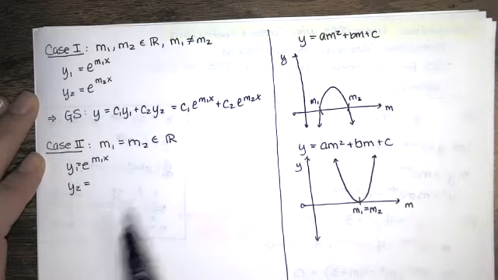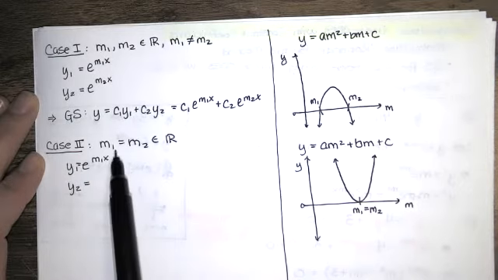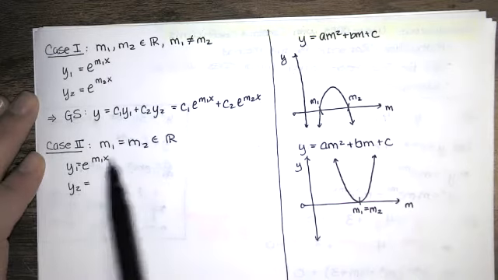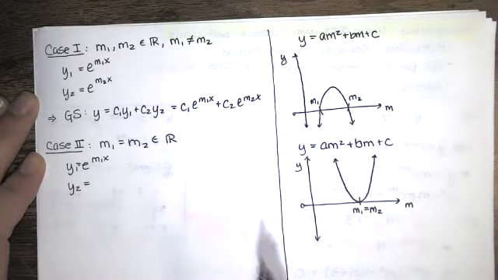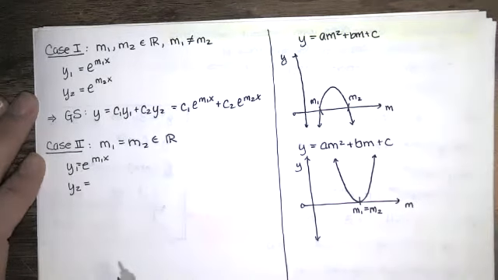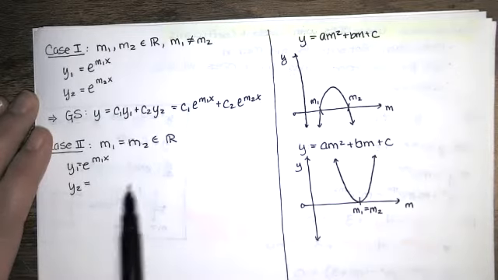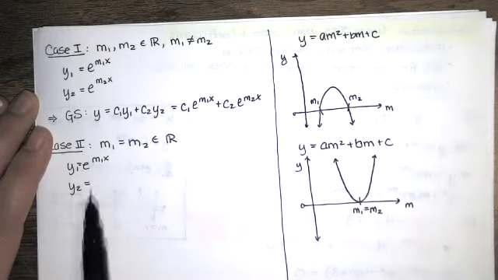They'll be linearly dependent. So let's say that m sub 1 and m sub 2 are both 4. Then the first solution would be e to the 4x. I can't say that the second solution is e to the 4x, because they're the same function. e to the 4x doesn't tell me anything that e to the 4x hasn't already told me. So we need a function that is not redundant here.